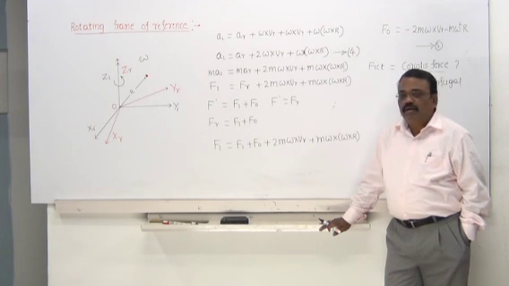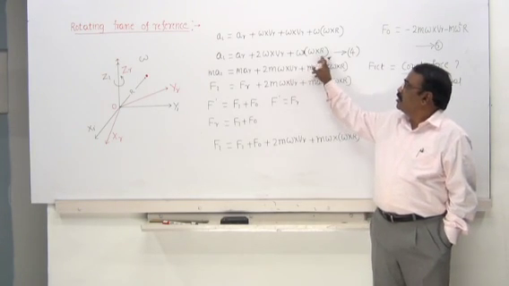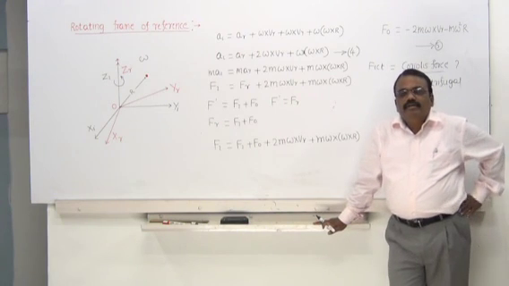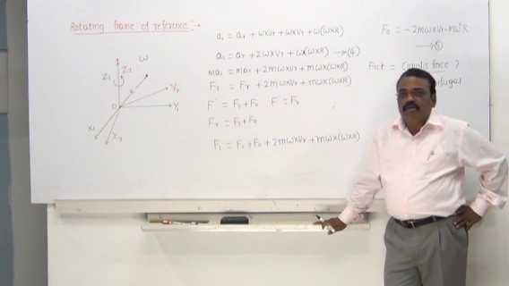Omega into omega R is nothing but omega square R, the centripetal acceleration.